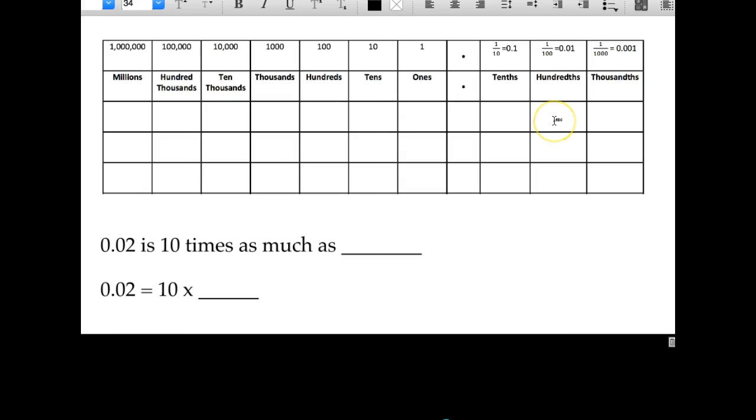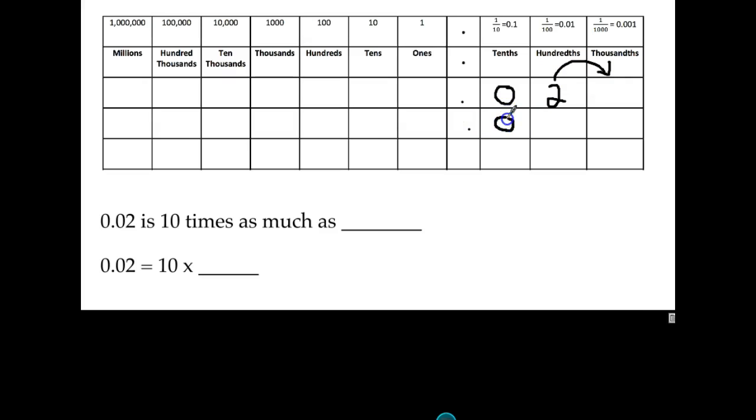Well, remember we know that hundredths is larger than thousandths, so we would put 0.02. 2 hundredths is 10 times greater than it would be if it were in this place.